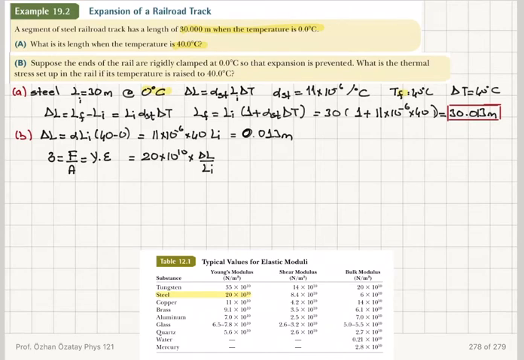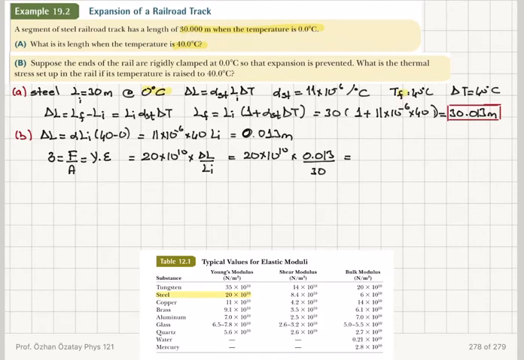L initial. And what is delta L divided by L initial? It is 20 times 10 to the 10, delta L is 0.013 meters divided by L initial is 30 meters.